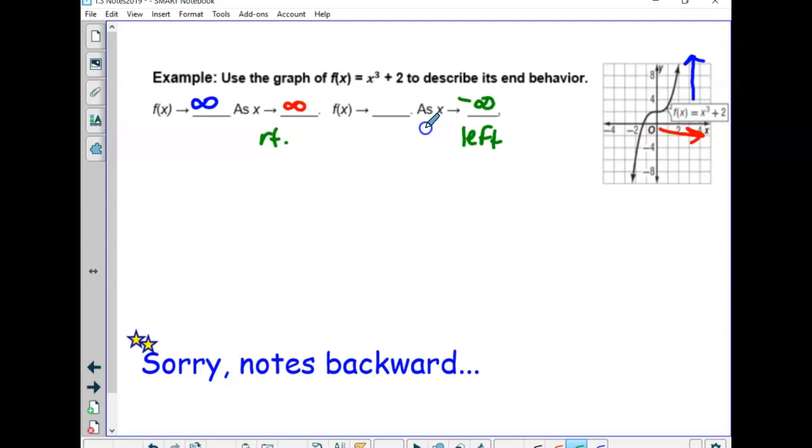The x's always have to be different signs. The y's can be the same sign if the graph is going both ends up or something. What is this one doing as we go left? It's going down, so the y, or f of x, is going towards negative infinity. So when I read this, it should be left end down, right end up.